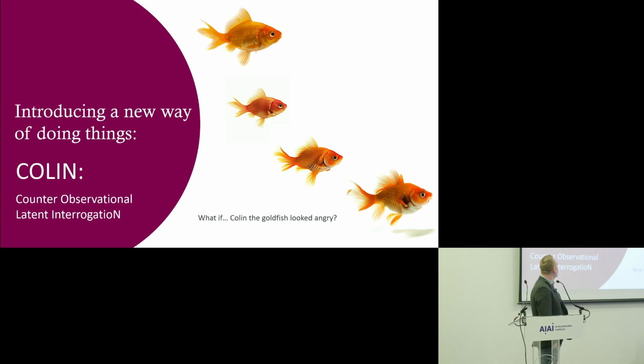So my example here is, what if Colin, the goldfish in this case, looked angry? You can see the top image is a real goldfish. It's an image of a real goldfish. And I've asked a model that understands sentiment analysis from images, what if this goldfish looked angry?